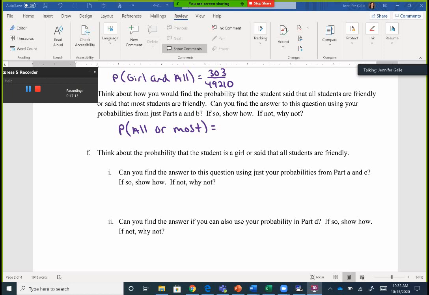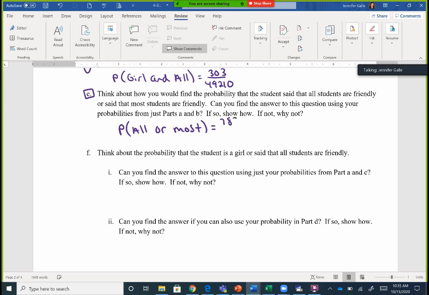So how are we finding it? Adding the two together, right? So we're adding together the all, and the all was what, 783 I'm hearing? We're adding together the all and the most. So 27,368. We're adding together the all and the most.